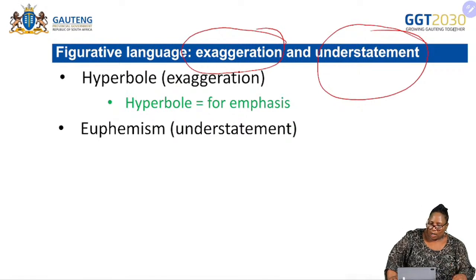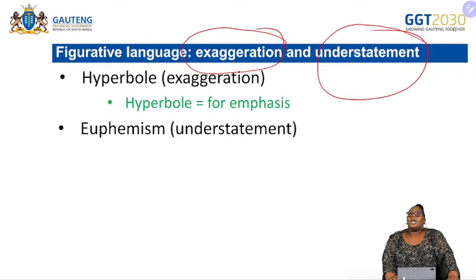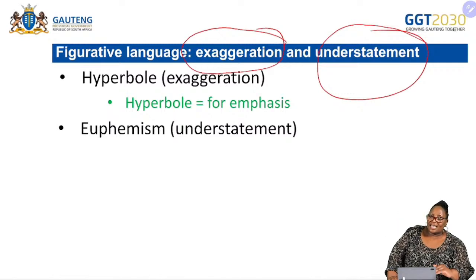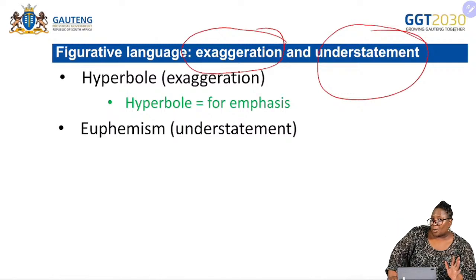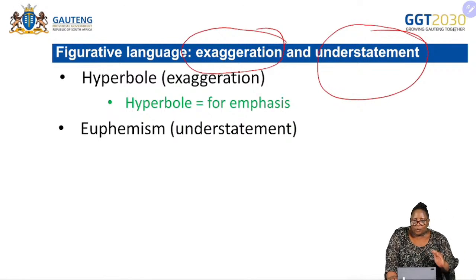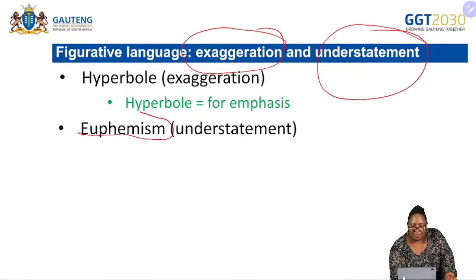A hyperbole. And when we want to create an understatement, we use euphemism. We use words that are very respectful. We do not want to hurt. We want to be very polite. And when we are polite, we use euphemism.